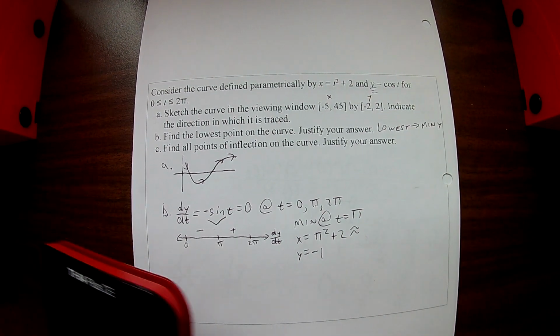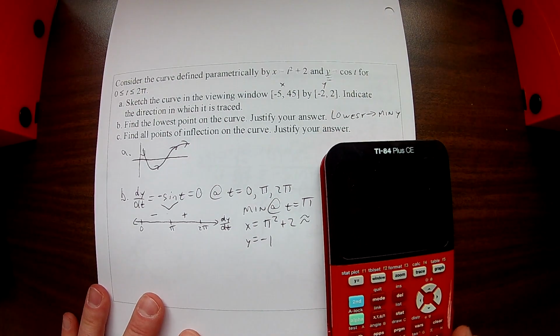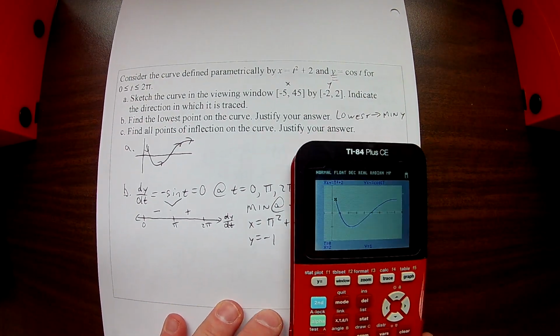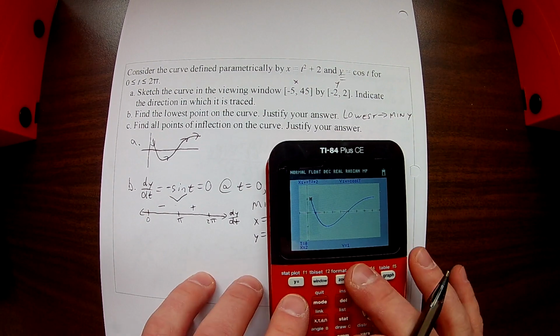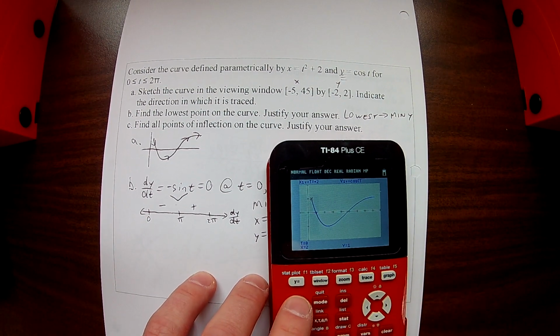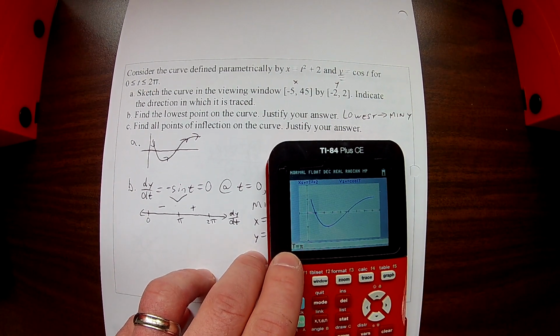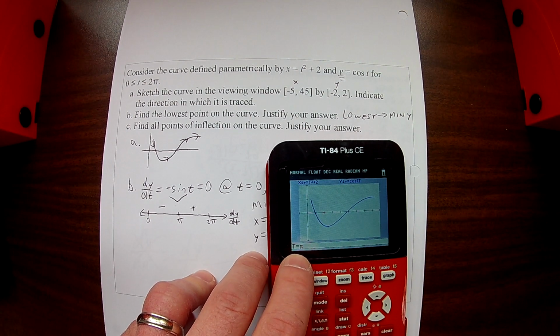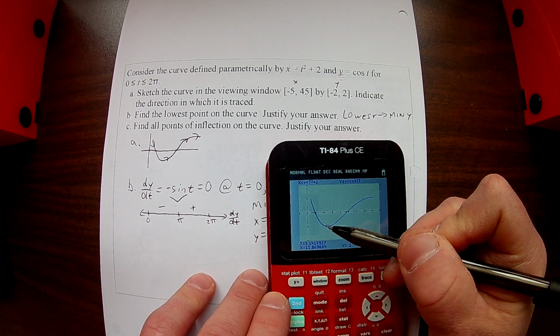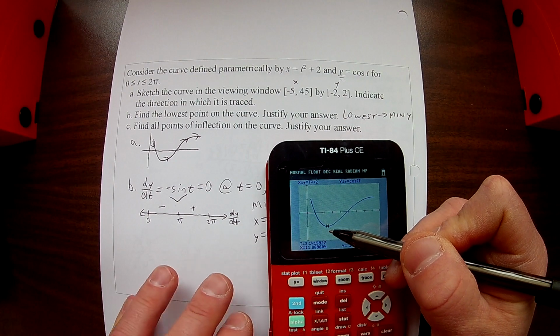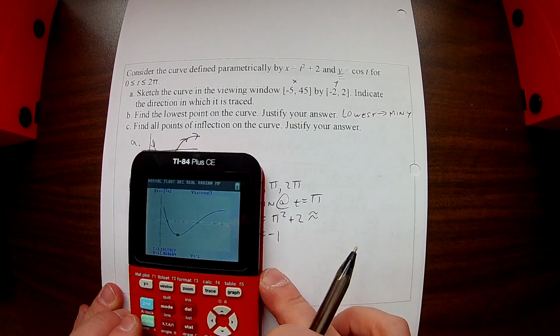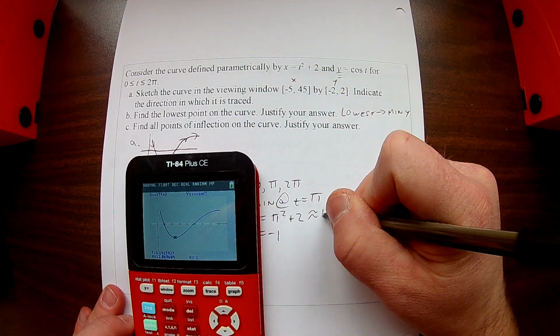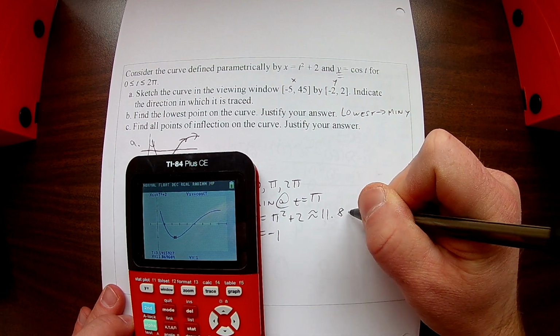So let's just go back over here. In order to find out what that point is, I'm actually just going to use my calculator on this one. I'm on trace. If I type in pi, down here, if you can't read it, it actually says t equals pi. I hit enter, and the particle's now at the lowest point. And I don't know if you guys can read that, but my x is approximately 11.870.